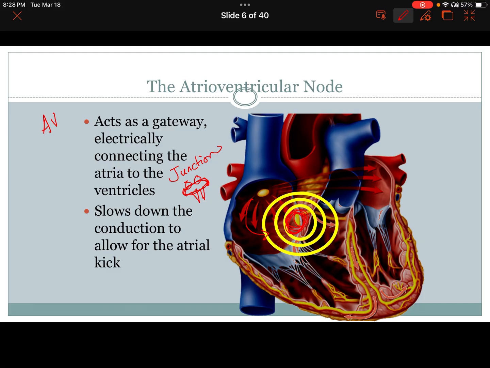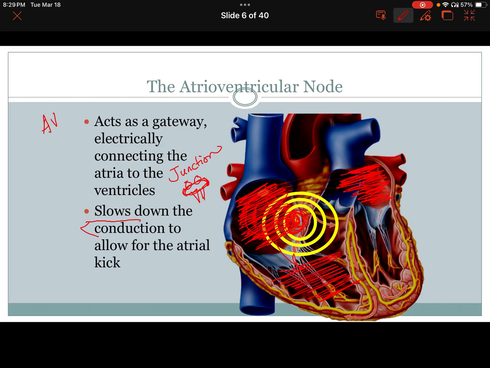So that AV node is meant to slow down the electrical conduction. It does that because you had blood that was here in the atria. That SA node fires, sends the electricity down the line, causes that muscle to contract, and it will shoot down and it starts filling up the ventricles.